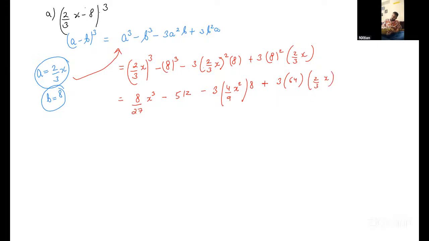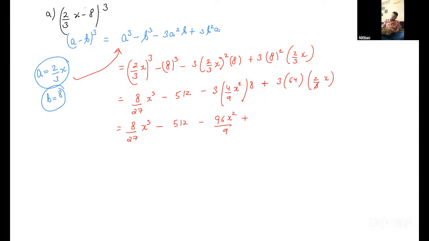So 8 by 27 x cube minus 512 minus 3 4s are 12, 12 8s are 96, 96x square by 9, plus 3 into 64 into 2 is 128x.